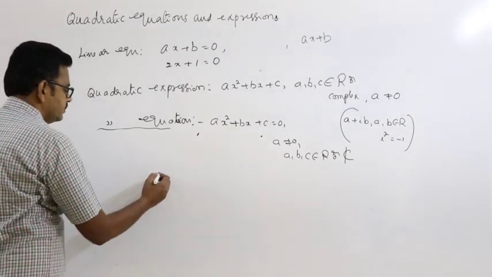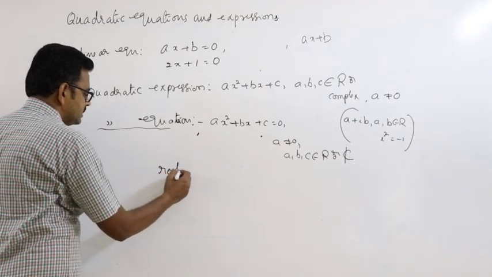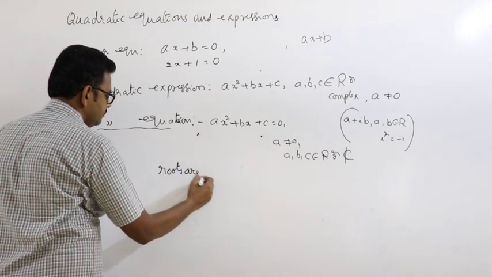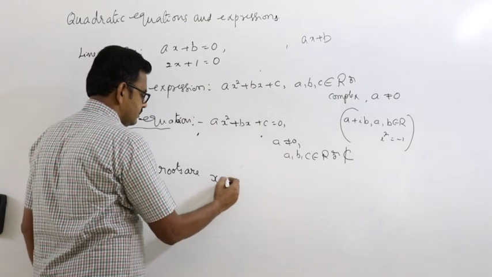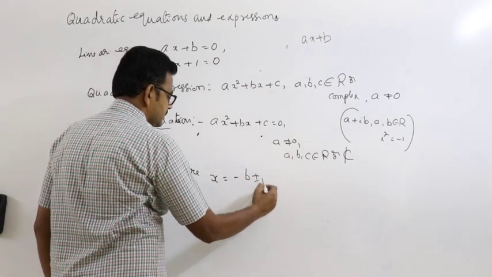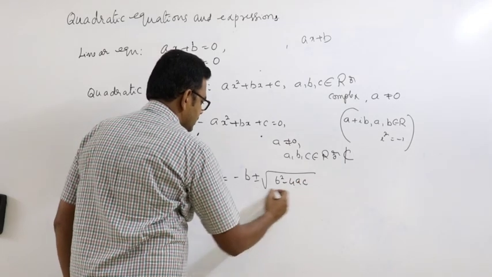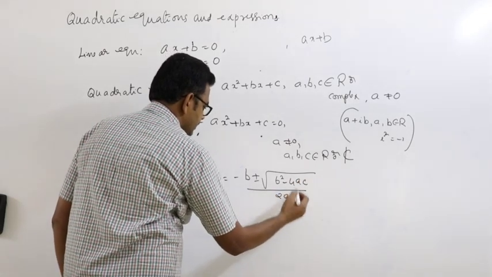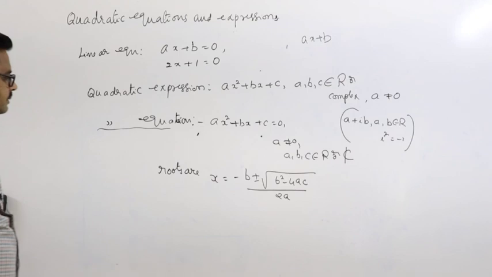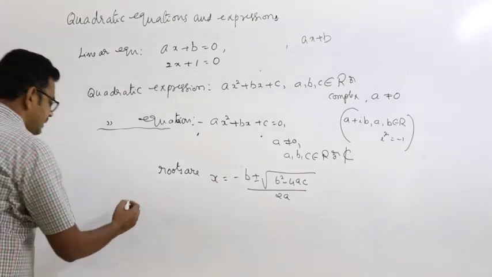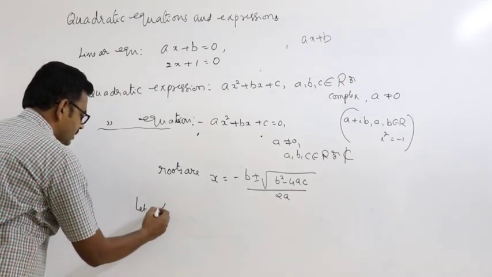Next, I think you know the roots of this equation. Roots are x is equal to minus b plus or minus root of b square minus 4ac by 2a. Let one root be alpha.